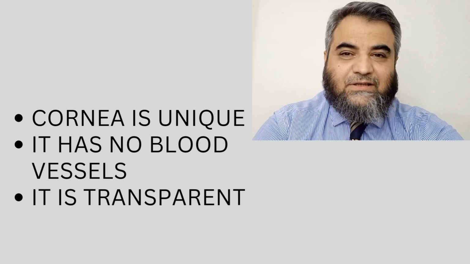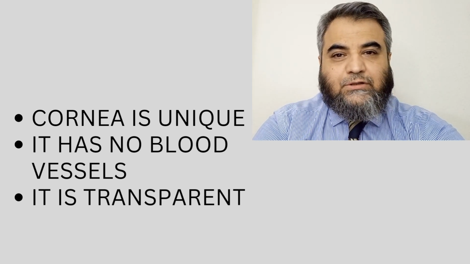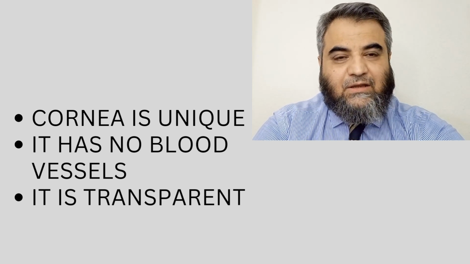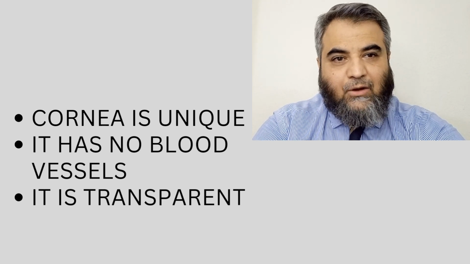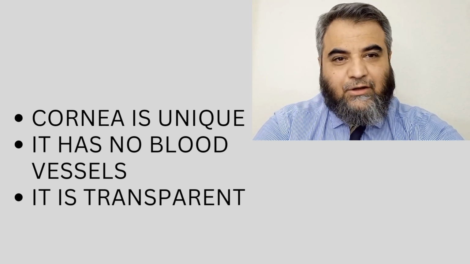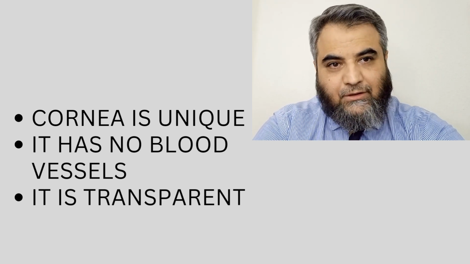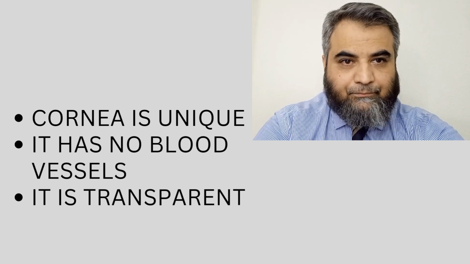As I mentioned, the cornea is avascular, with no blood supply, and it also has no lymphatic supply. All this avascularity maintains the clarity of the cornea. When we remove the sick cornea and put a healthy cornea from a donor, its chances of survival are very high.